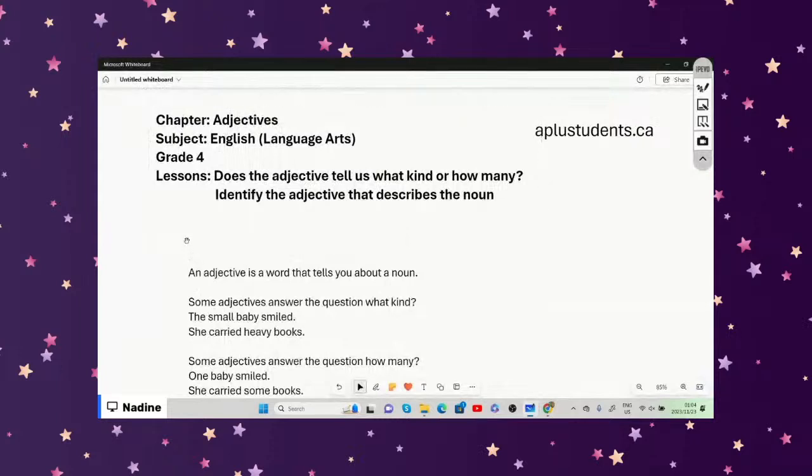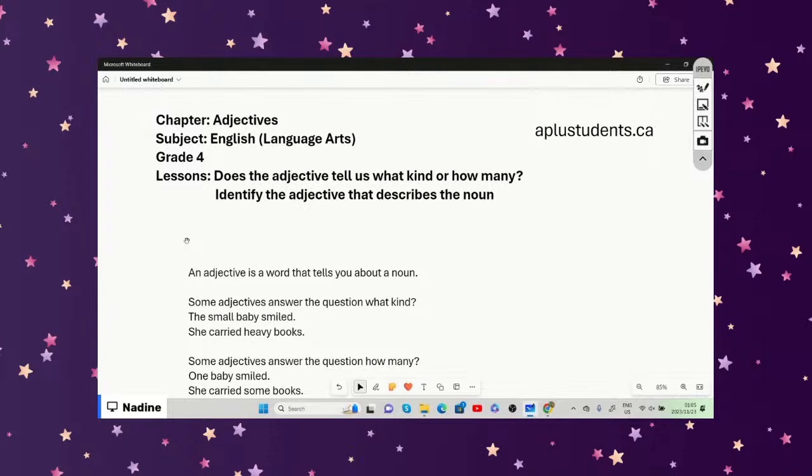All right, so our chapter is adjectives. The subject that we are focusing on is language, which is English language arts, grade 4.